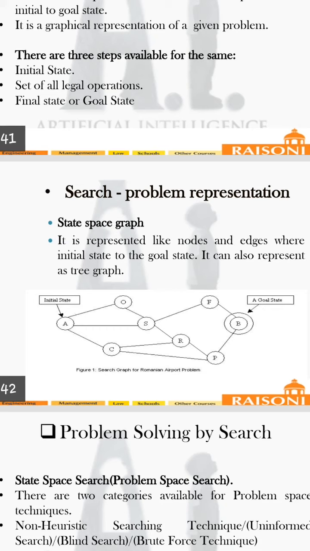So here there are different nodes available. A is the initial node or start node, and B is the goal node or destination node.